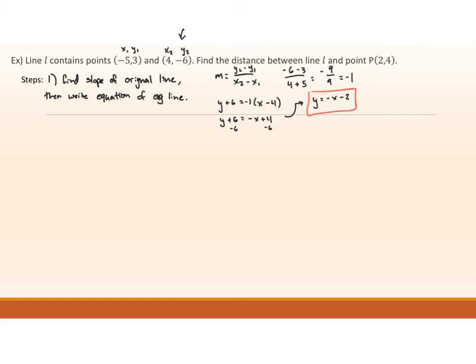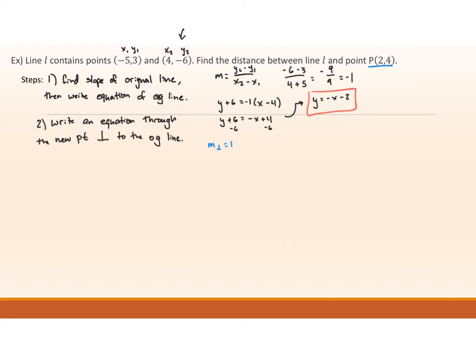Now, step 2 is to write the equation for the perpendicular line going through that point. So what I'm going to do is take point P and the perpendicular slope, plug it all into point slope form, and then rewrite in slope-intercept. So since the original slope is -1, my perpendicular slope is going to be 1.